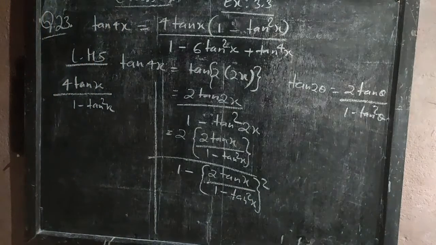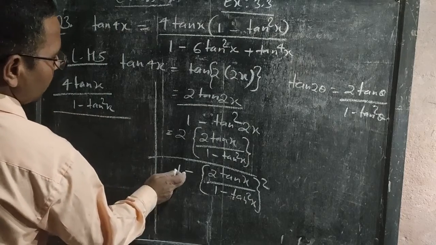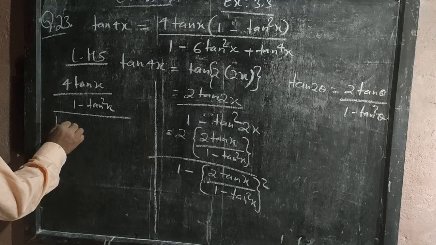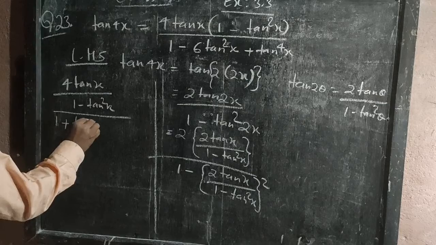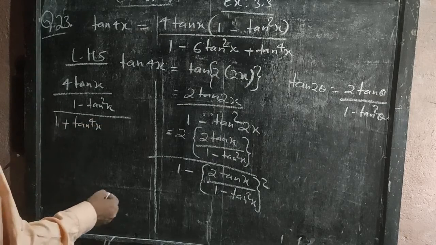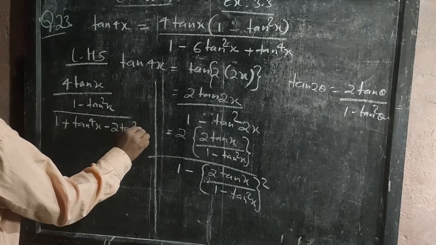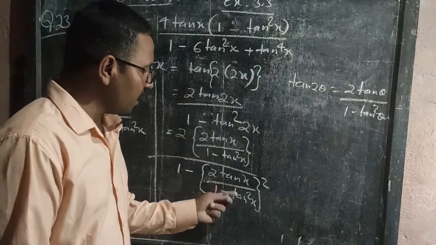So how much will we get here? A square, that means 1 square plus b square, that means you will get tan to the power 4x, minus 2ab, that means minus 2 tan square x. We will get this much.